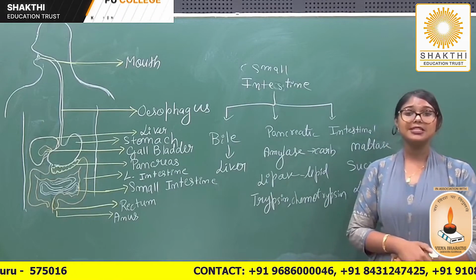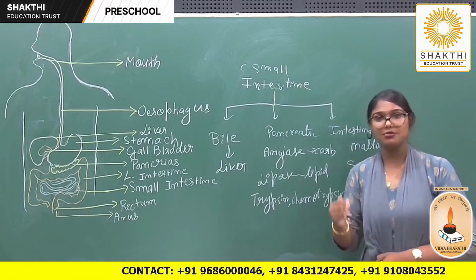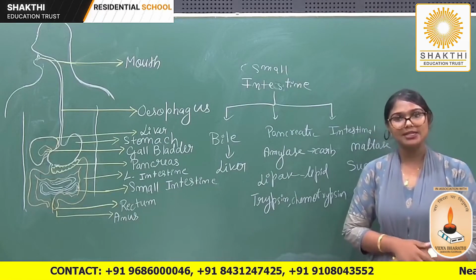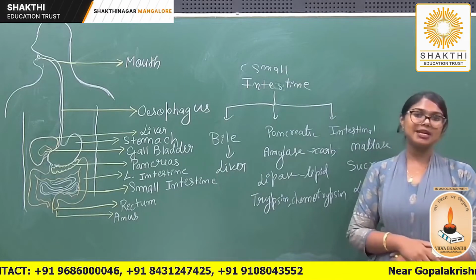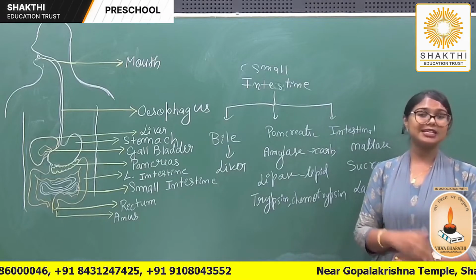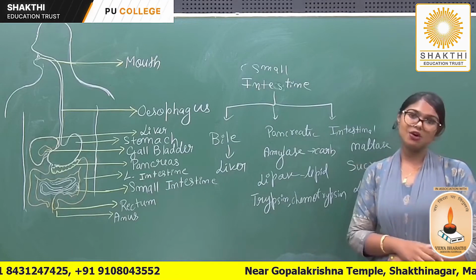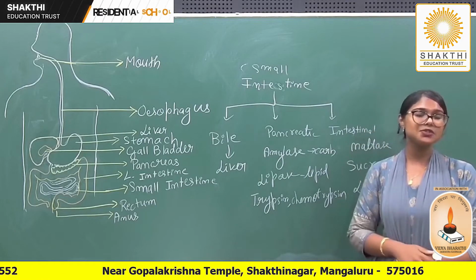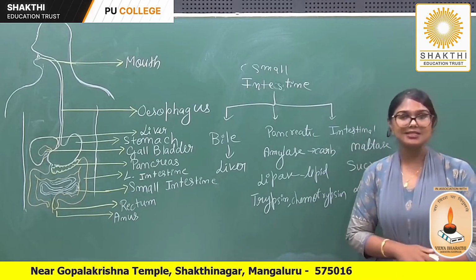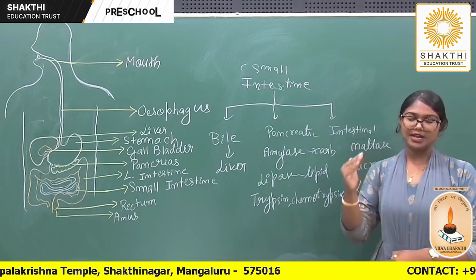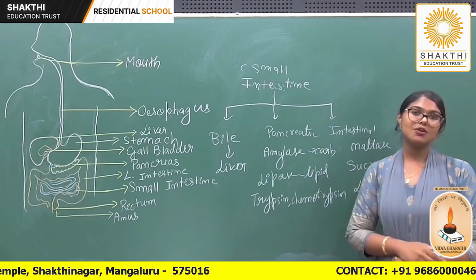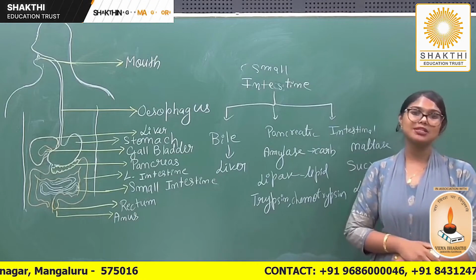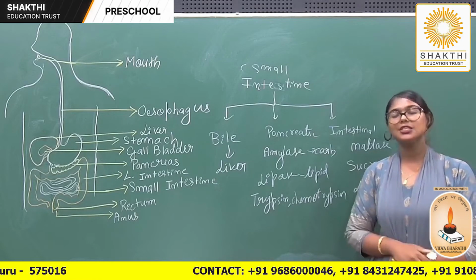This we call it as emulsification of fat. So when the fat is emulsified, it is digested by the enzymes and finally we get fatty acid and glycerol. So carbohydrates gives glucose, fructose, galactose, proteins gives amino acid and the fats gives fatty acid and glycerol. So these are the end products of food digestion.